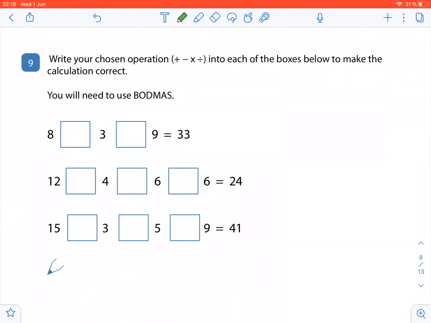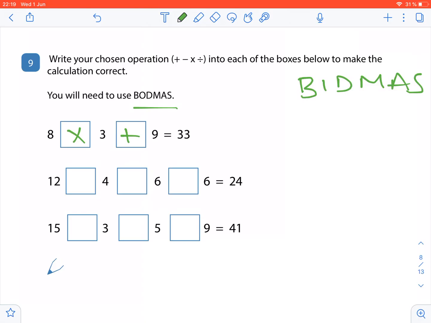Okay. Right, this is going to be some trial and improvement, but just make sure you use BODMAS, or as we learn in class, BIDMAS, okay? Luckily, there aren't any indices in here, but you just need to make sure you do the right order for your multiplication and addition. The first one I think is fairly easy. 8 times 3 is 24, plus 9 is 33.